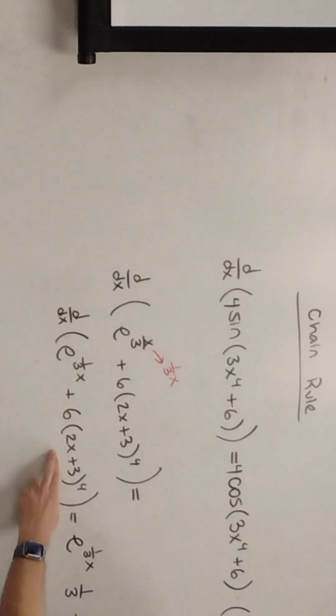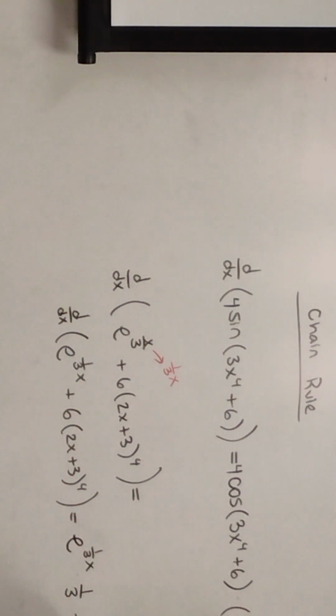And then I do have a chain rule here. I can drag the power down, subtract 1 from the power, keep the inside the same, times the derivative of the inside.